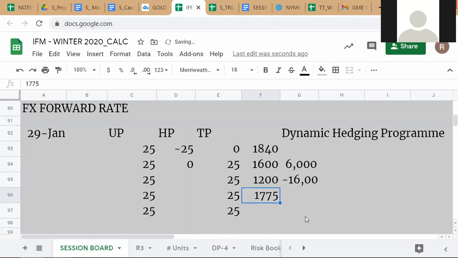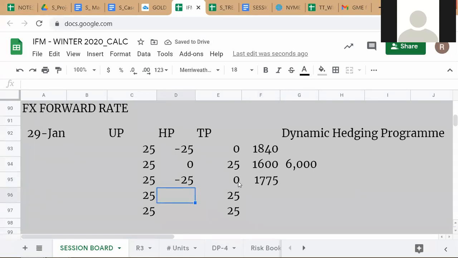Now this is not to be seen as a continuation, so in that case, we should put 1775 here, and we will not write this P&L here. If you go to 1775, now you squared off the position at 1775. Again at 1775, you will go minus 25.